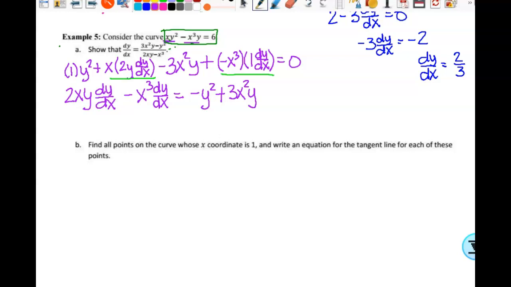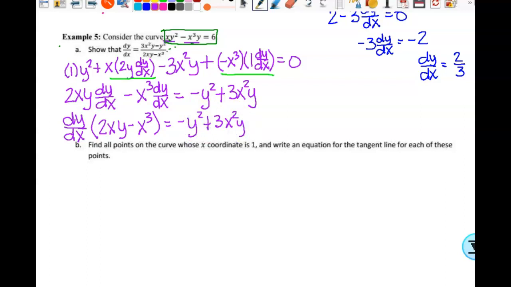Factor out. Factor out that dy dx. I'm going to factor out dy dx. That leaves me with 2xy minus x cubed, and that's equal to negative y squared plus 3x squared y.